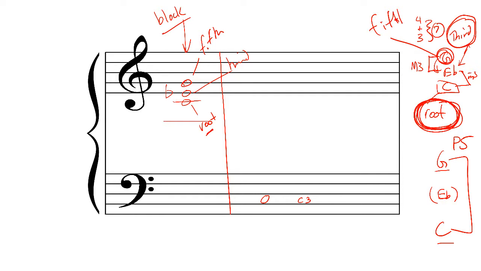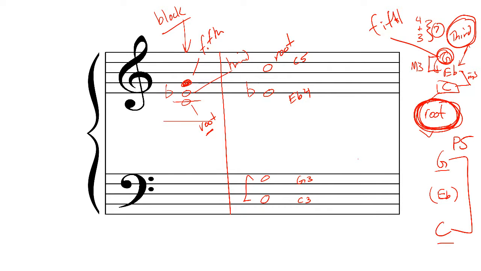And then I could take the fifth of the chord, G, and put it here at G3. Now we hear that perfect fifth sonority between those two low notes. And then up here in the treble clef, I put the third of the chord, E flat. This is E flat 4. And up here in the C5 register, I put another root.